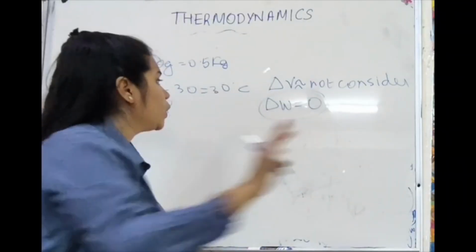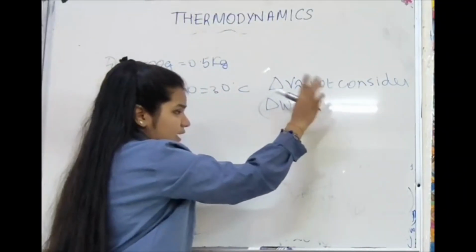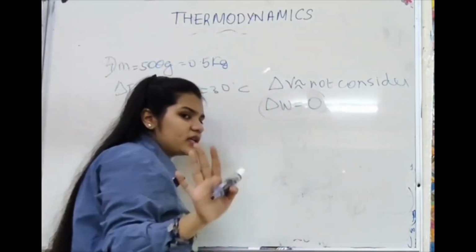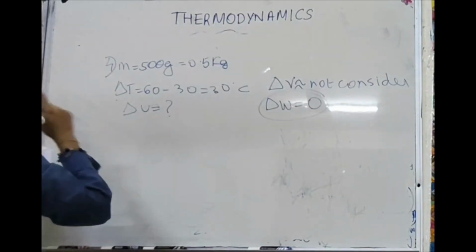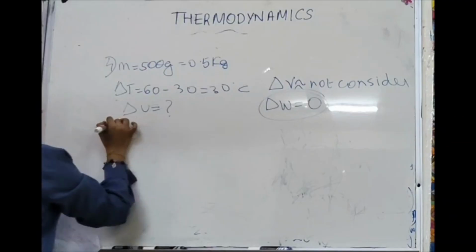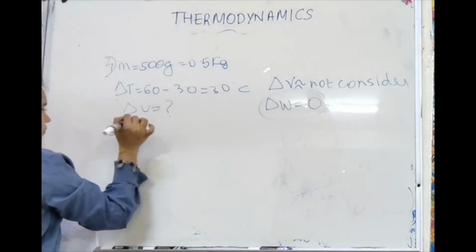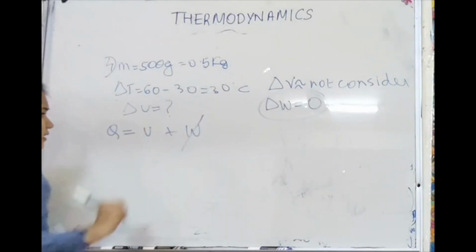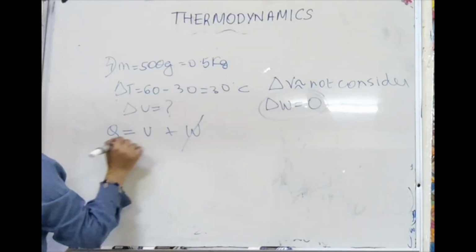Let's do that in the next video. But remember, delta V is negligible or 0, so delta W, the work done, is also 0. Next, you have to find out delta U. Now, Q equals delta U plus delta W, and this is cancelled because the answer is 0.